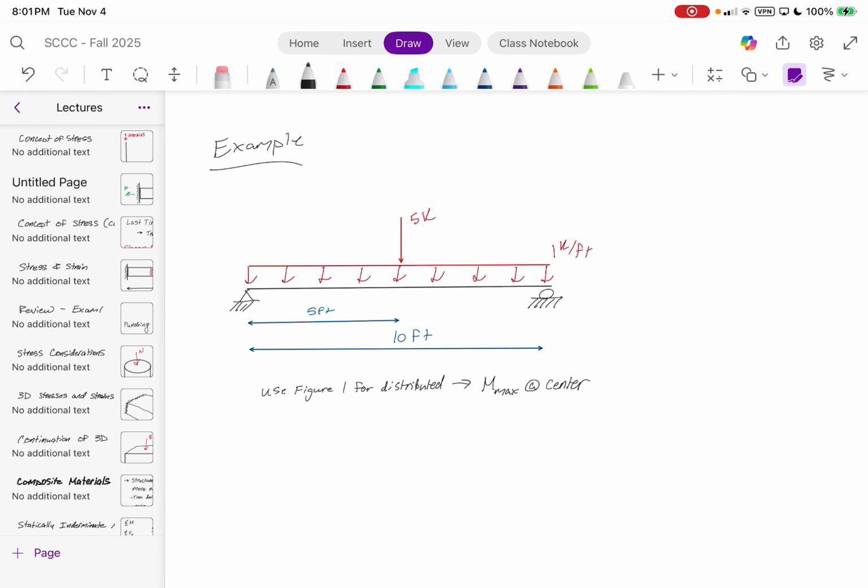Any figures in here for the point load? Yeah. Now, where is M max for this? It's at the center, right?